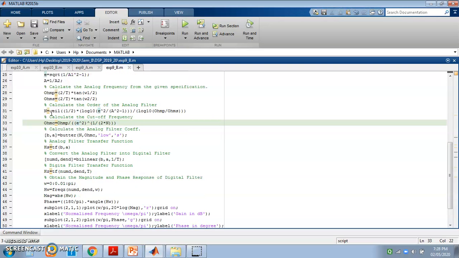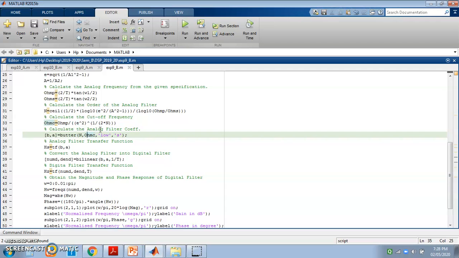If I know the order of filter and cutoff frequency, and this is for the low pass filter, in MATLAB I can go with the standard command, that is transfer function having numerator terms and denominator polynomial in terms of coefficients B and A.